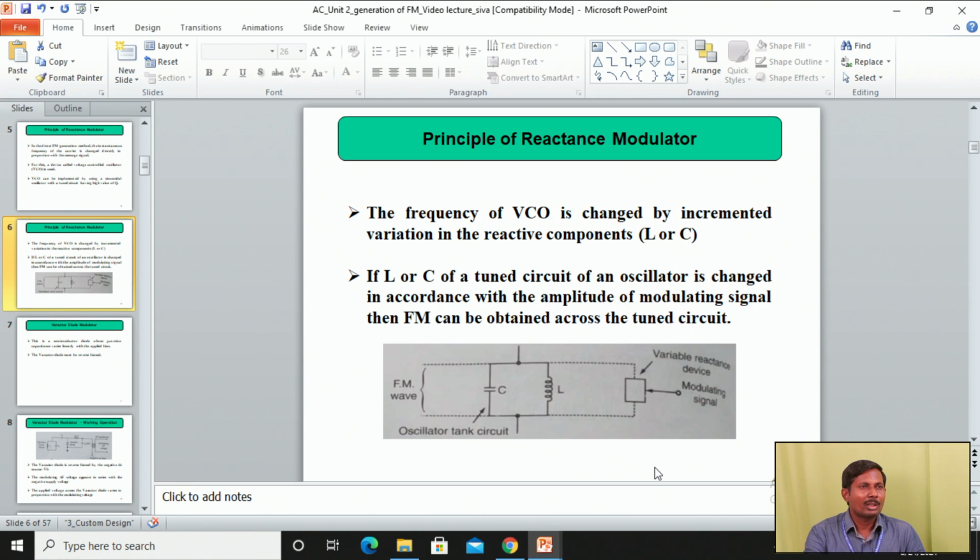The reactive components utilized in this circuit are inductor and capacitor. If the inductor or capacitor of the tuned circuit of the oscillator is changed in accordance with the amplitude of the modulating signal, then FM can be obtained across the tuned circuit, as we discussed earlier. The tuned circuit consists of inductor and capacitor. The variable reactance device or the modulating signal is applied across the tuned circuit.